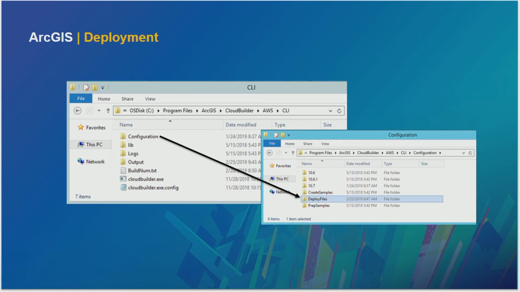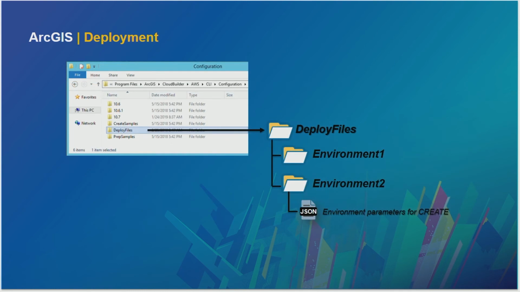What this allows me to do is quickly reproduce the JSON file that I need to execute. So for my environment one, say I already had an ArcGIS Enterprise with a couple of federated servers, I just create a copy of that and modify the JSON file to my current deployment, updating it to the current VPC, elastic IPs, and DNS. We can look at that on my next slide here.